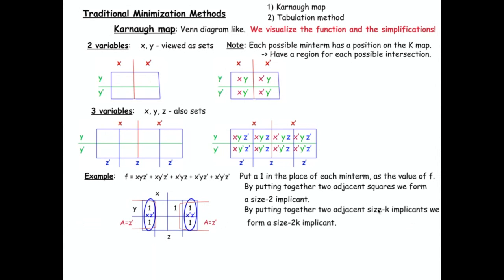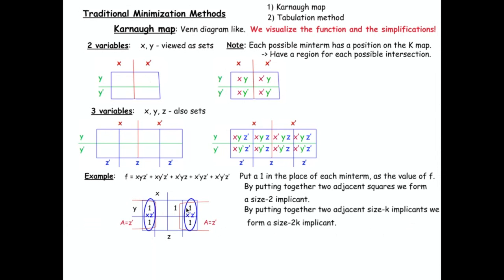So again, by putting together adjacent size k implicants, we form an implicant of size 2k. That is the general rule. If we put together two single ones, we get one of size 2, which is double of 1.